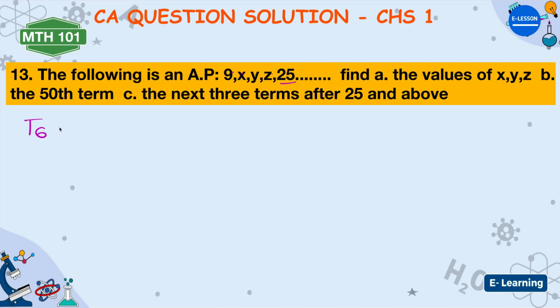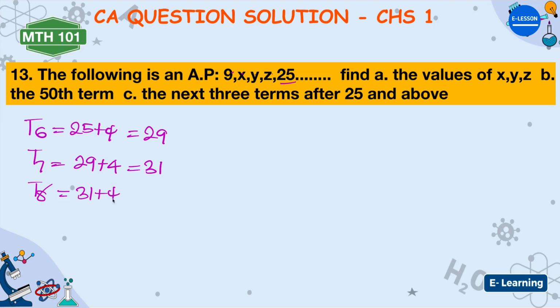So T6 will be 25 plus 4, which will give us 29. T7 will be 29 plus 4, which will give us 33.